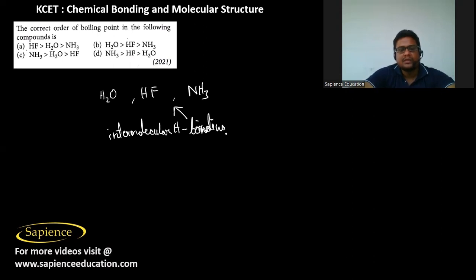In case of H2O, each oxygen atom is linked with two hydrogen atoms, and each hydrogen atom is linked with one oxygen atom. So here the number of hydrogen bonds per molecule is the highest.